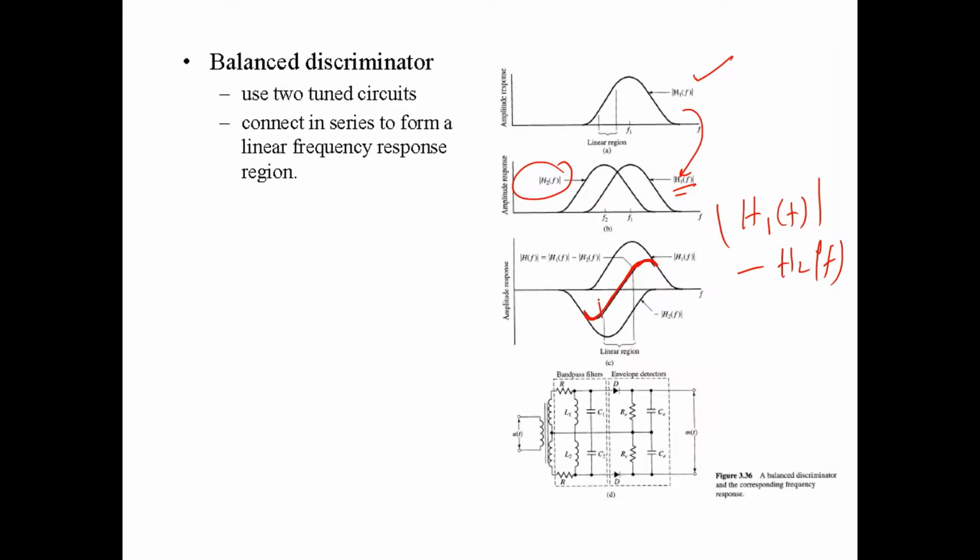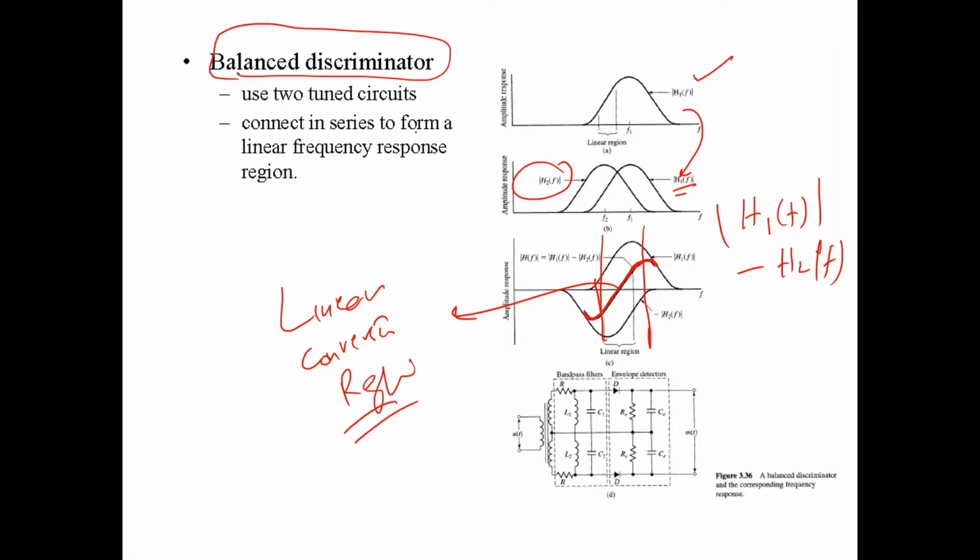Now if you see this, our linear conversion region has been increased. This implementation is actually called a balanced discriminator. By using the two filters and subtracting them, we can increase the linear conversion region.